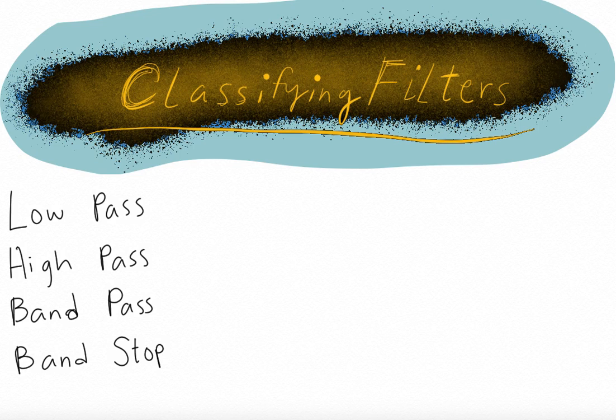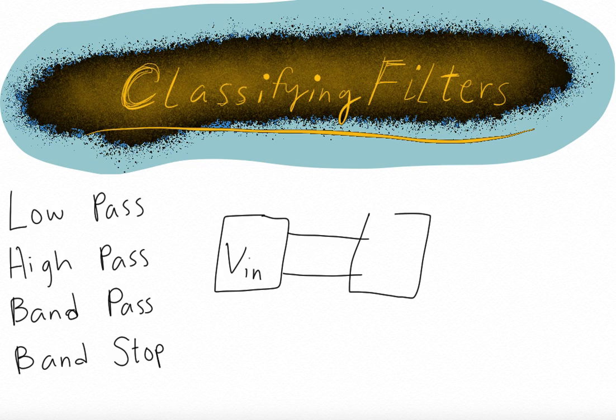Anyway, let's say here we have our input voltage, call it Vin. Then it goes through some configuration of resistors, capacitors, inductors, and then here is our output voltage, our V out.